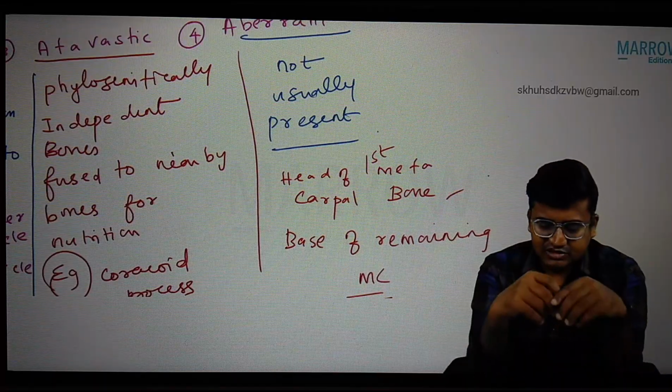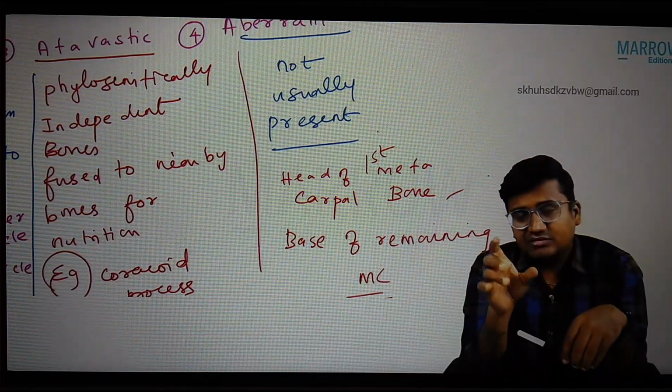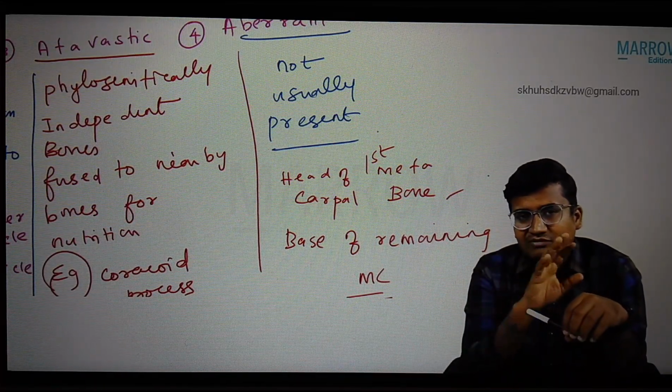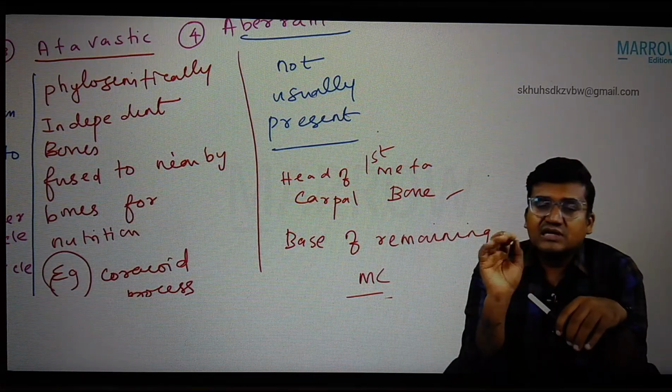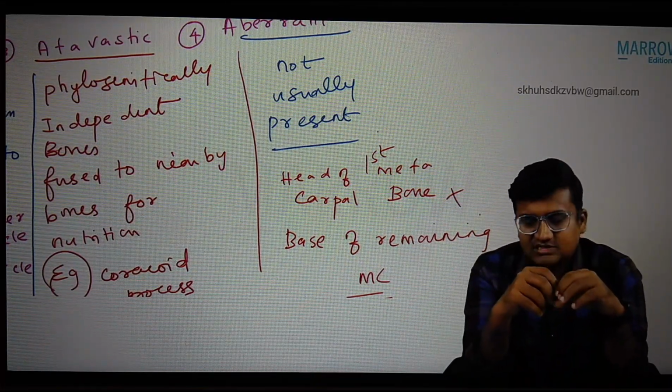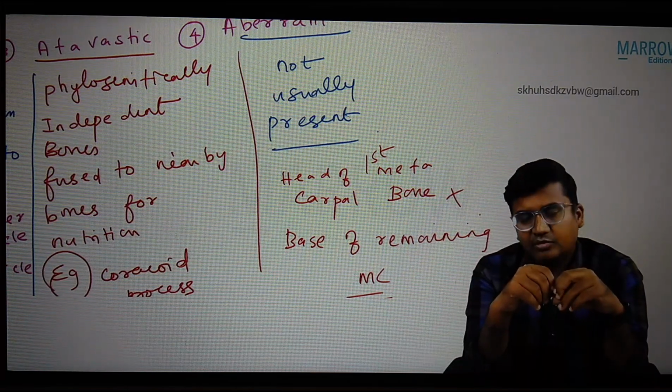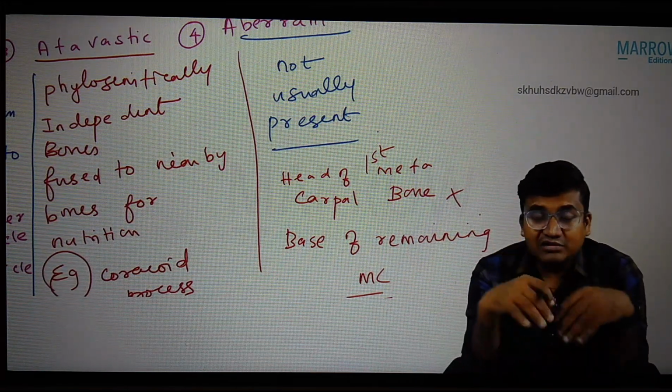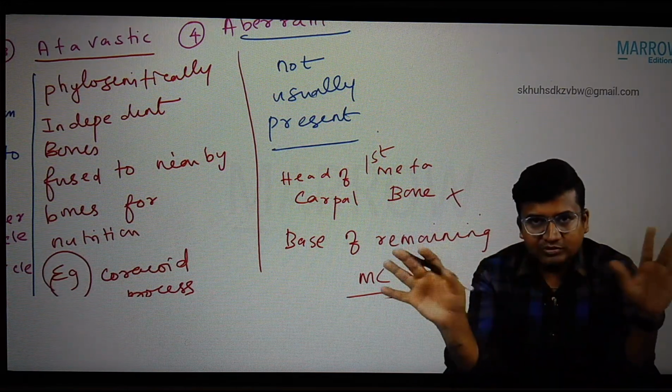The epiphysis which is usually present is at the base of the first metacarpal bone. The head of the first metacarpal bone does not have an epiphysis. In some cadavers, we may see the epiphysis at the head of the first metacarpal bone. So they are not usually present.